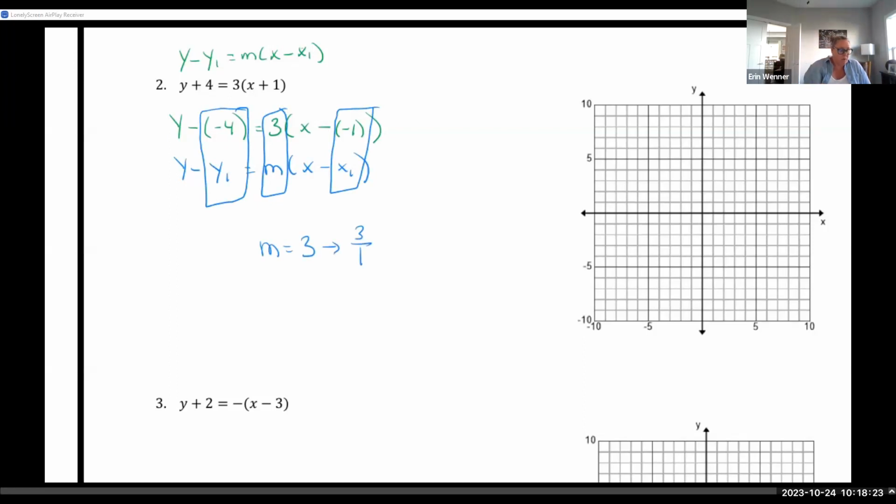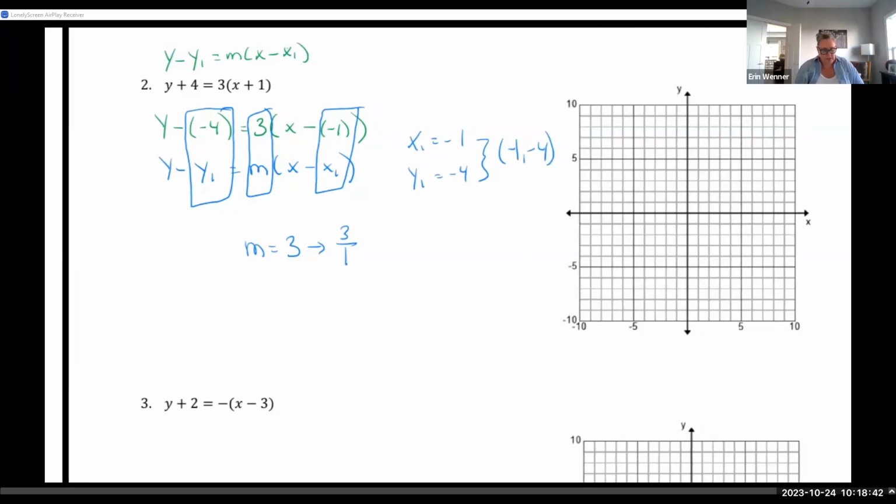And then my x1 is -1, my y1 is -4. Therefore, that is the point (-1, -4). So I'm going to let you use those two pieces of information, use that ordered pair and that slope, to graph the line on the right-hand side.